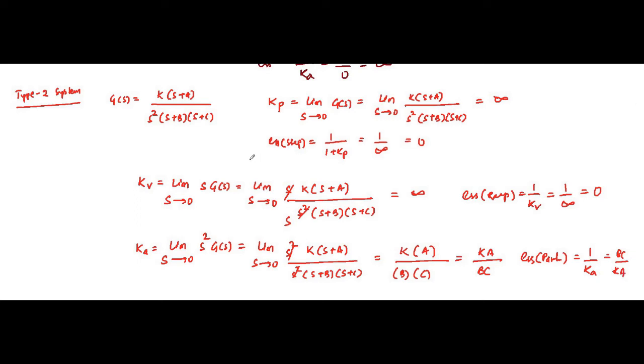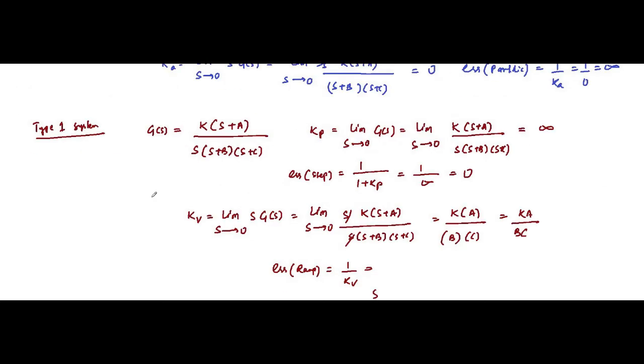So here, if we try to interpret all the results for type 2 system, in case of application of step input and ramp input, the steady state error values are equal to 0. Only for application of parabolic input we are getting a finite value, bc by Ka.